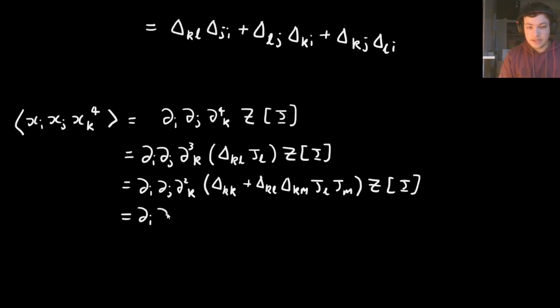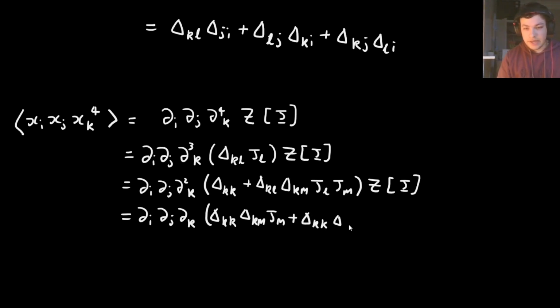Which is going to be ∂_i ∂_j ∂_k. Differentiate everything inside the bracket. This is going to vanish. Then we're going to get a delta_kk delta_km J_m from differentiating the delta_kl. Oh, that needs a delta in as well. Here we go. Delta_kk, delta_km, J_m, there we go. Plus delta_kk, delta_lm, delta_kl, sorry, J_l.